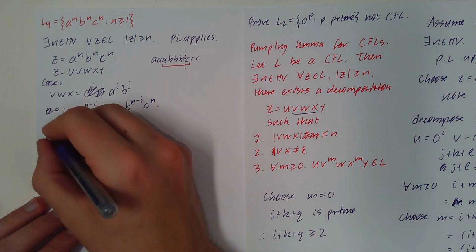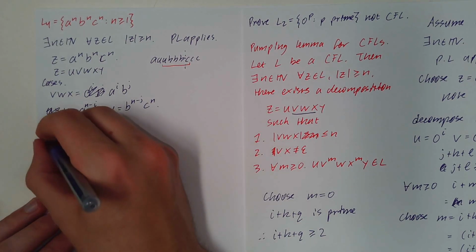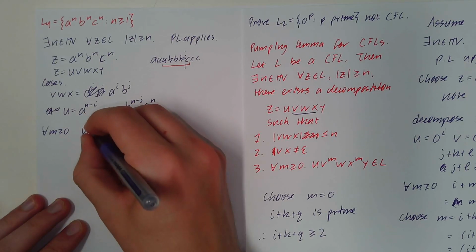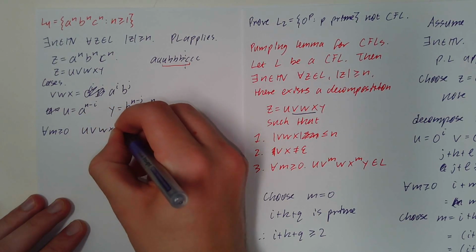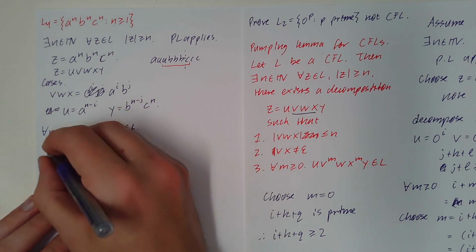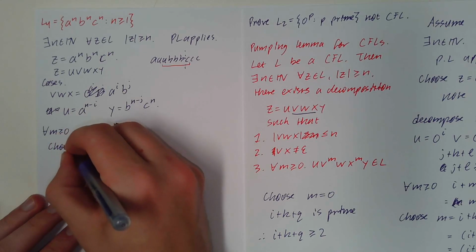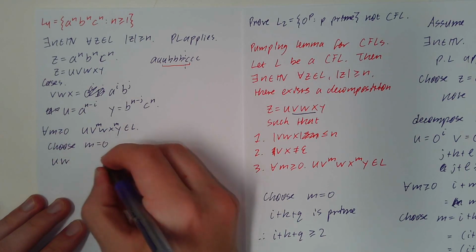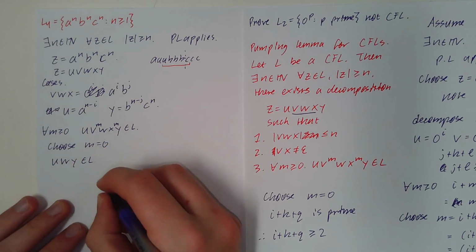Okay, so what does the third condition give us? It gives us that for all m greater than or equal to 0, if you pump up the v's and x's, so u, v to the m, w, x to the m, y, is still in the language. So I'm going to choose m to be 0. So uwy is in the language.